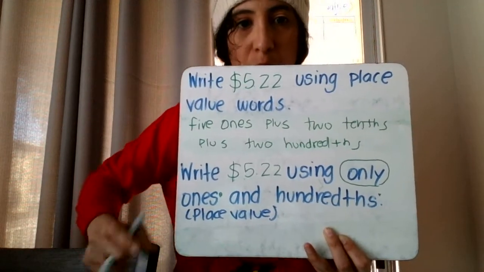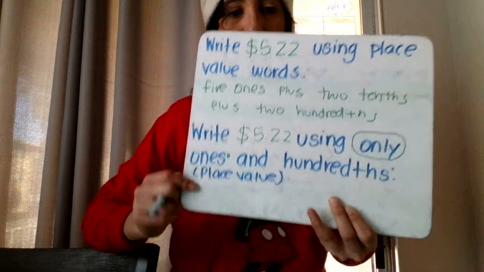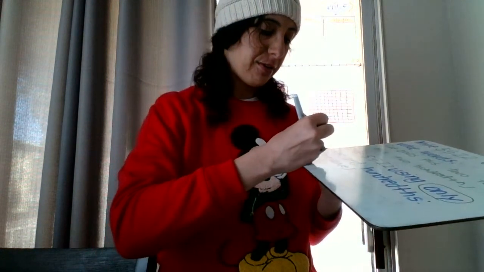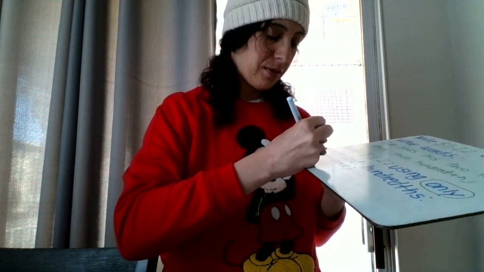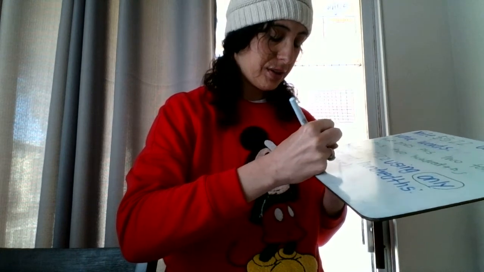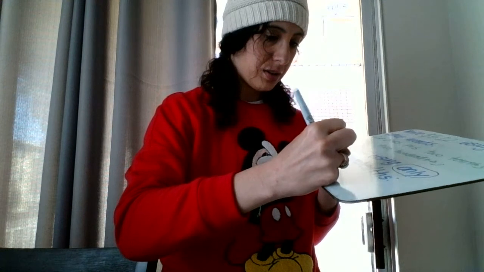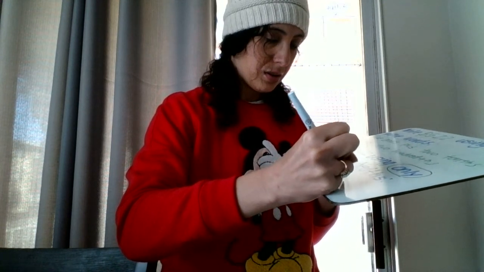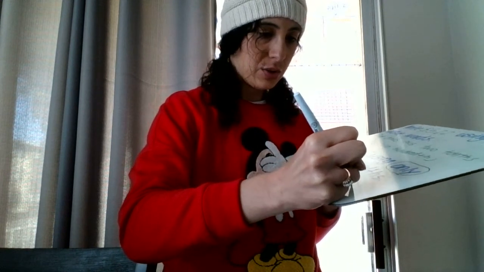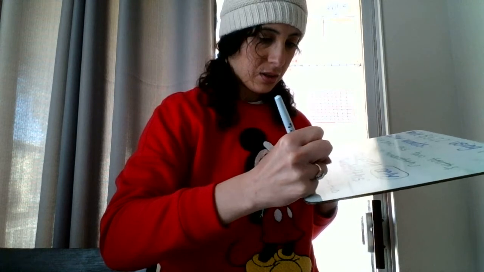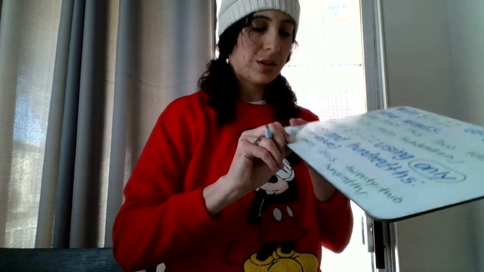Now, what if I only want to use my ones and my hundredths? You should have 5 ones plus 22 hundredths.